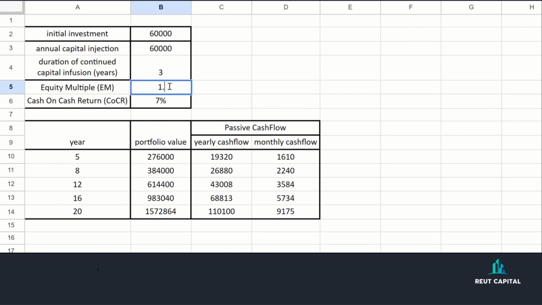So even if you were to increase 1.6 to 1.7, your portfolio value has hit 2 million and your monthly passive cash flow is sitting at 11 and a half grand. If you make this 1.8, you almost get 15 grand a month and 2.5 million in portfolio value. So this is the power of compounding. This is the power of investing in multifamily because of its nature to produce high cash flow and also provide you good portfolio growth.